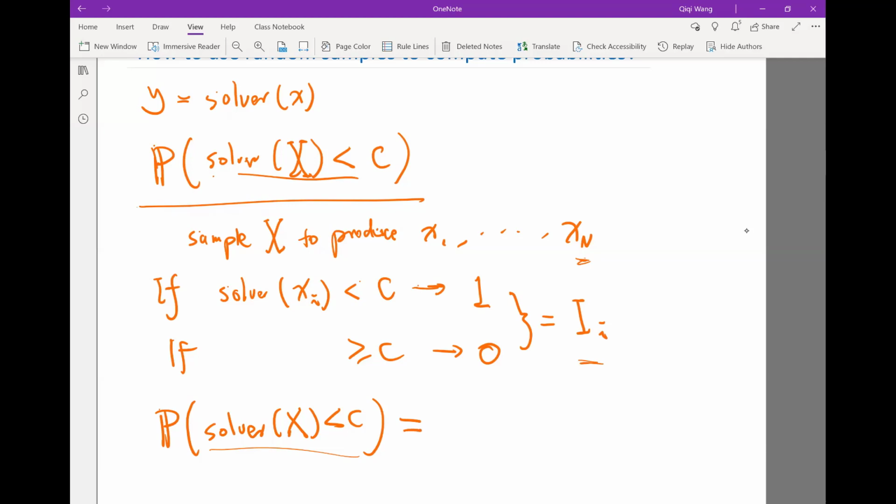And the fraction can be easily computed as, or approximated as, 1 over n times the summation, i goes from 1 to n, of I_i, right? This I_i is either 1 or 0, depending on if this is satisfied or not. And the sum of all the I_i is the number of samples in which the inequality is satisfied. So divided by n, the total number of samples, is basically the fraction in which I'm satisfying the inequality.